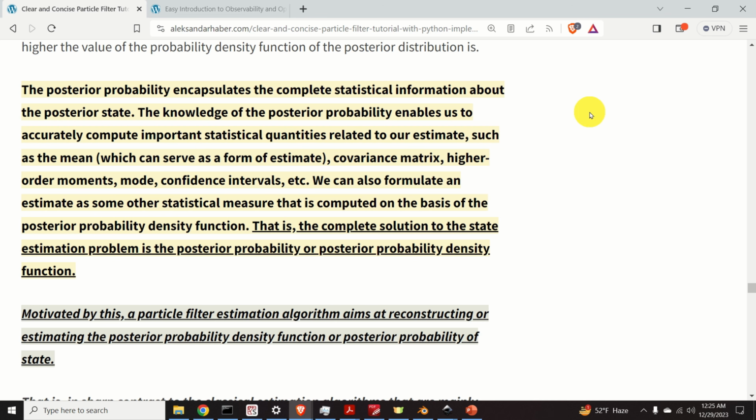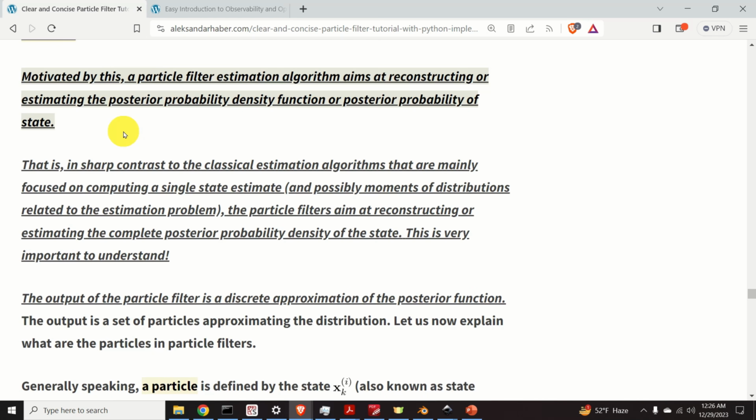We can also formulate an estimate as some other statistical measure computed on the basis of the posterior probability density function. That is, the complete solution to the state estimation problem is the posterior probability density function. Motivated by this, a particle filter aims at reconstructing or estimating the posterior probability density function of the state.